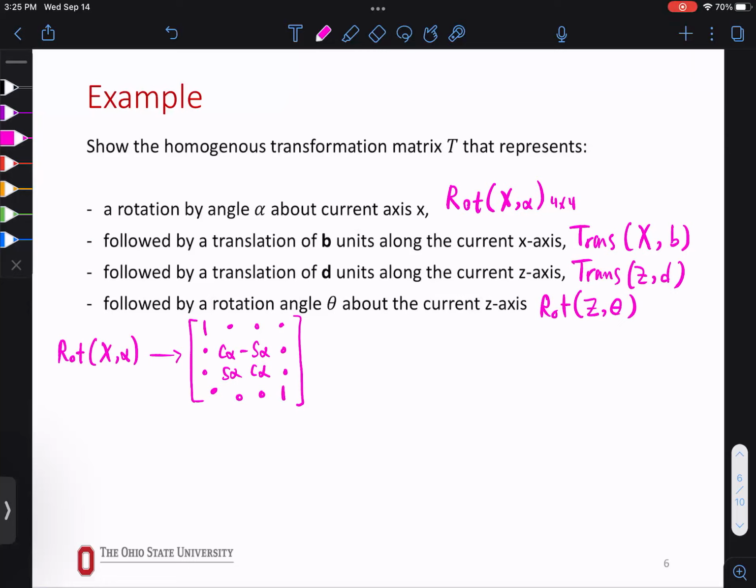So the final T is going to be Rx alpha multiplied by translation X B, translation Z D, rotation Z theta.